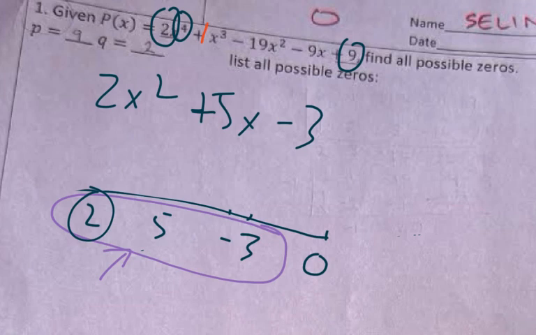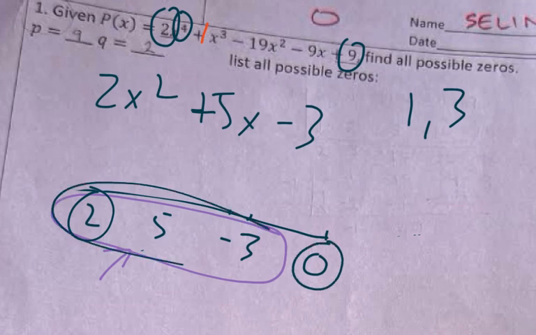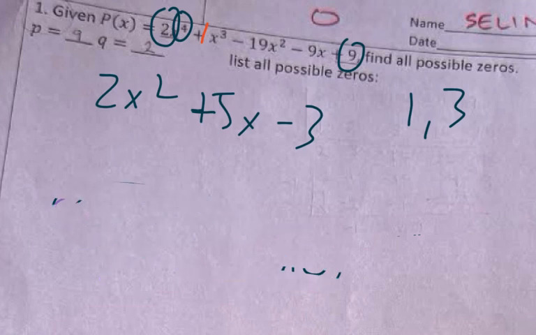Hopefully you caught that. But anyways, I found that negative 1 was a root. Sorry, I just noticed my video went off. I must have accidentally pressed the wrong button. And 3 is a root. And because I know I have 2 roots left, now I'm just going to take this and convert it back to a quadratic. That's what I was doing. I know it has to be a quadratic because there's 2 roots left.